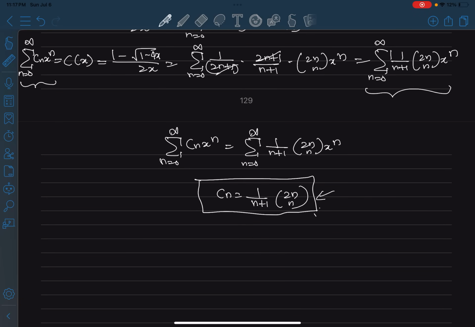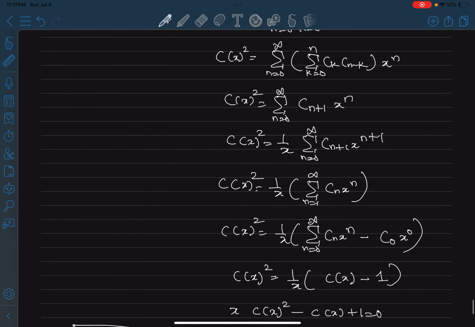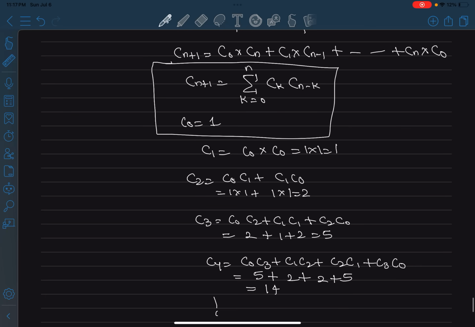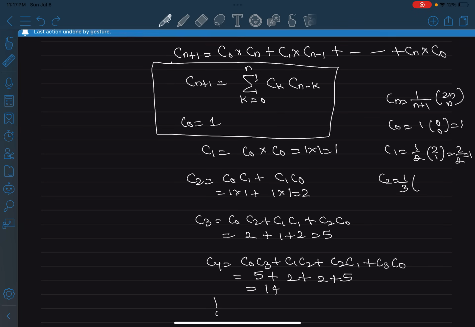So now let's use that result to verify what we have been trying to find. From this, c sub n equals 1 by n plus 1, 2n choose n. c sub 0 is just 1, 0 choose 0 is 1. c sub 1 is 1 by 2, 2 choose 1 is 2, so 2 by 2, that's 1. c sub 2 is 1 over 3, 4 choose 2, that's 6 over 3, which is 2.